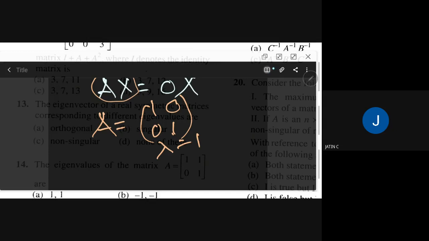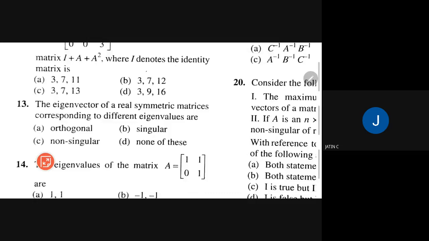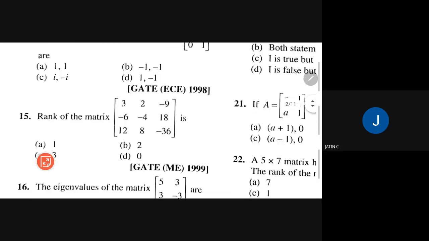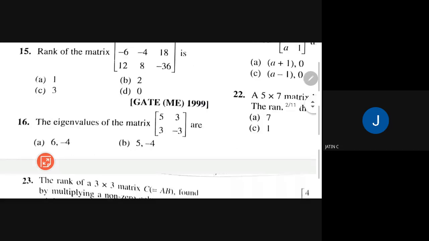If you take the 0 matrix, then 0 is the eigenvalue and any vector is an eigenvector. That is a very important one. I hope you can find the rank of these matrices, etc.